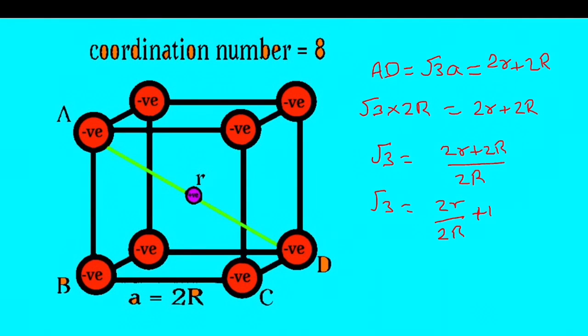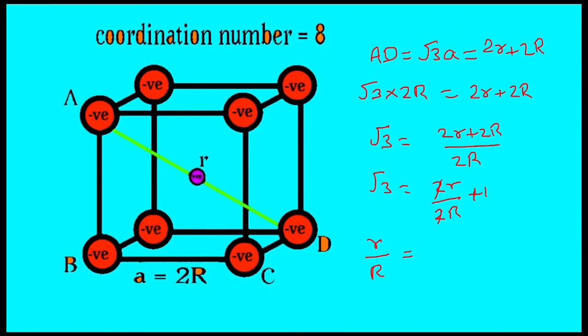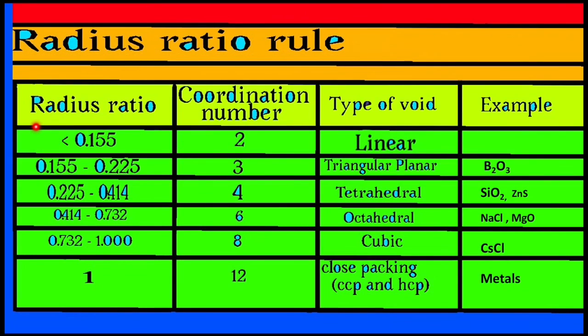This value will come over here, this will go over here, so 2 will get cancelled. Now r by R, the radius of the cation by the radius of the anion, is equal to 1.732 minus 1, that is equal to 0.732. So the radius of cation to anion ratio is 0.732.